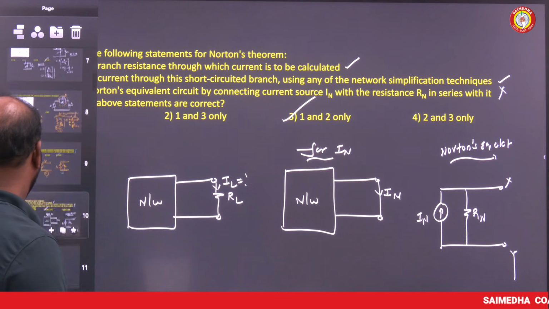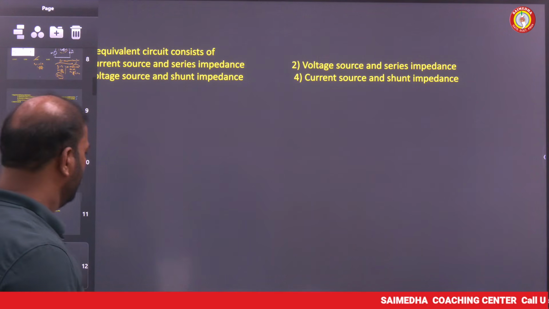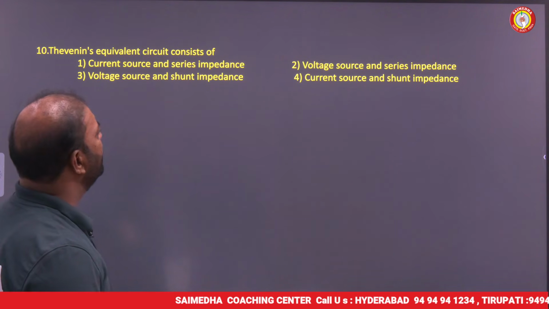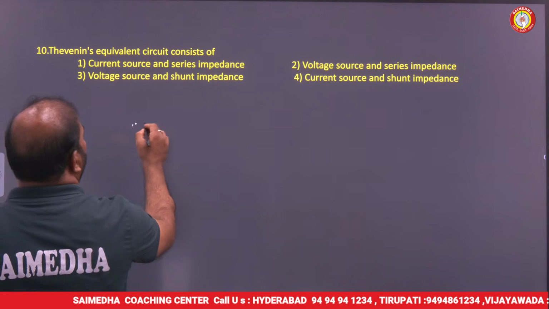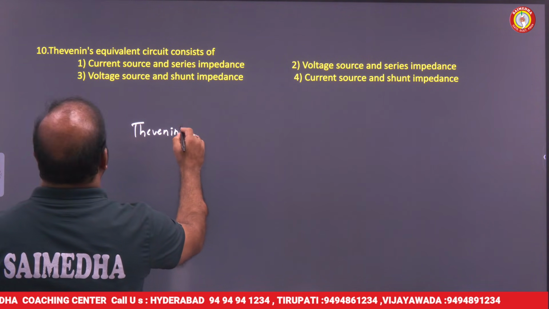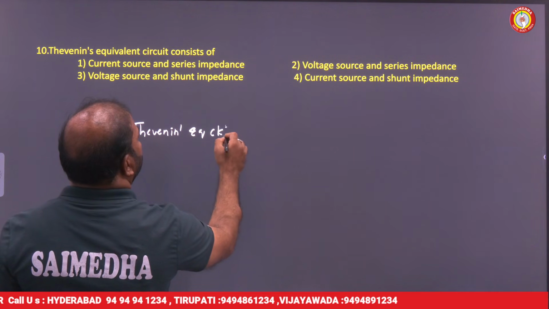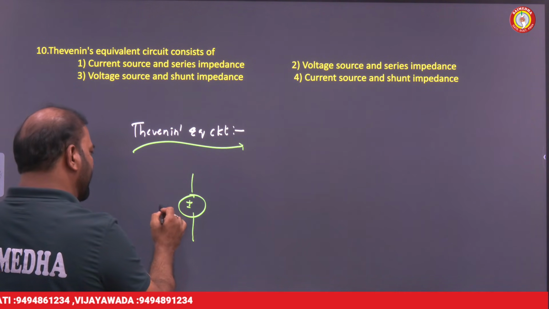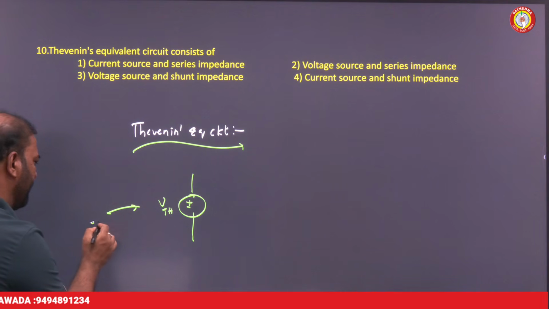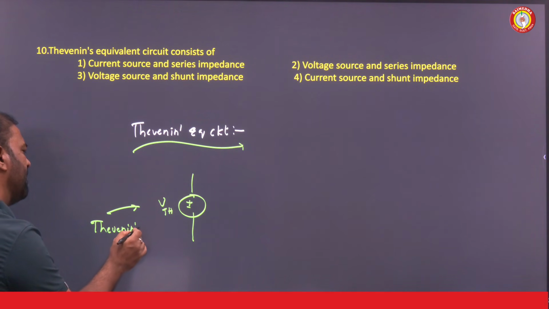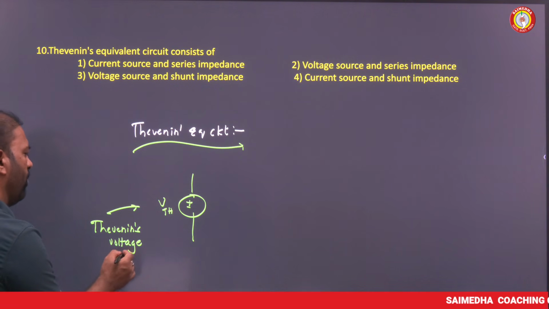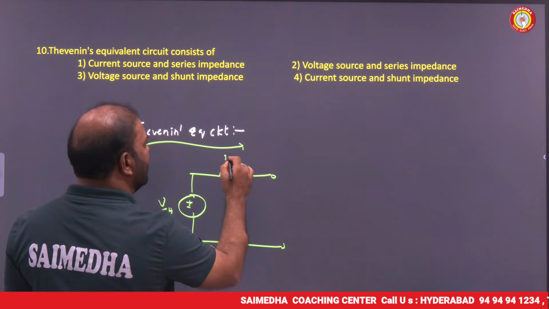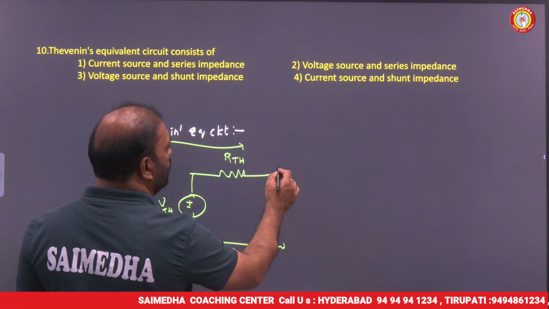So see here, Thevenin's equivalent circuit consists of current source and series impedance? Thevenin's equivalent circuit, we know pretty well, consists of simply Thevenin's voltage source in series with Thevenin's resistance between the load terminals.